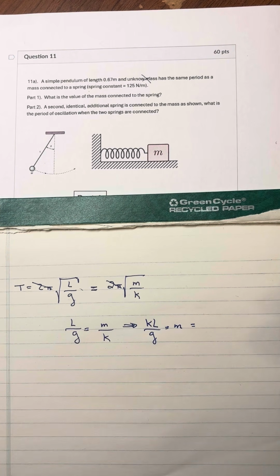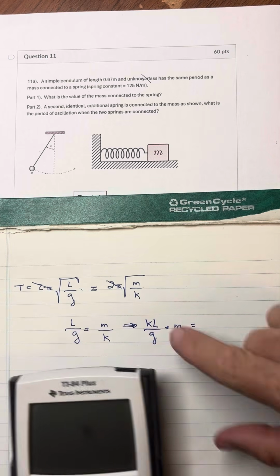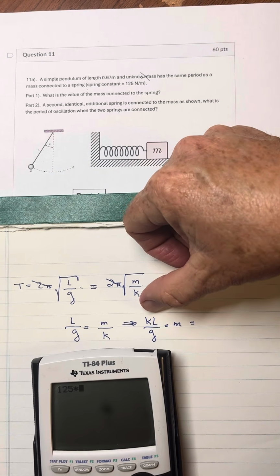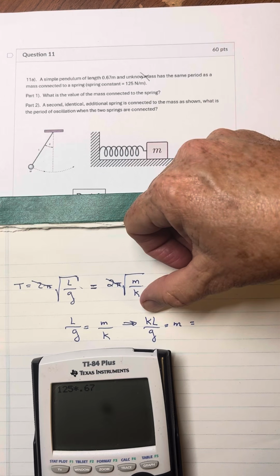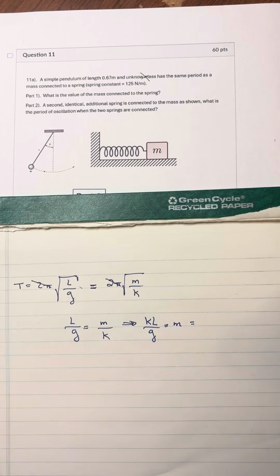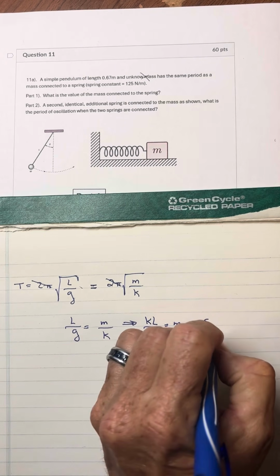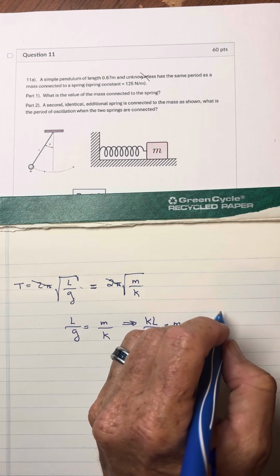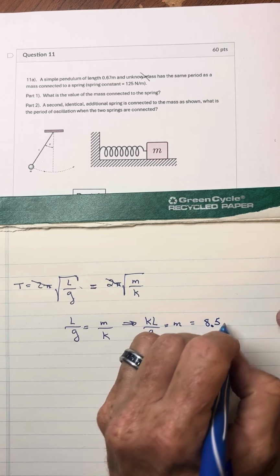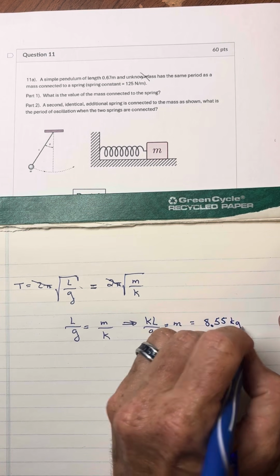All right, so grabbing the calculator here, we would have k, which is 125, times the L, 0.67, divided by g, 9.8. And we're looking at a mass of about 8.5, I guess I'll round it up, 5 kilograms.